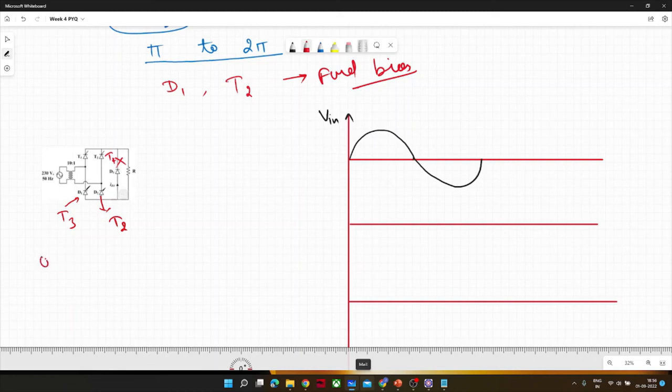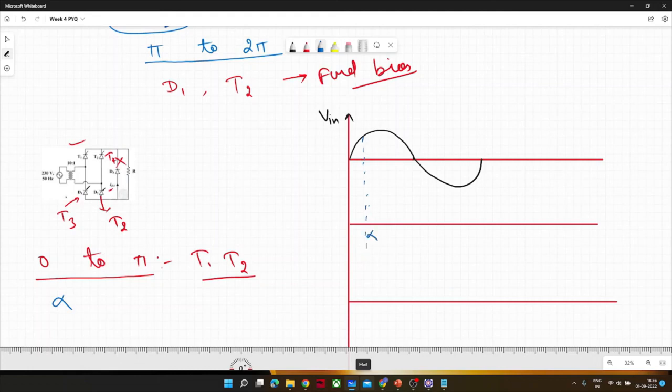So from 0 to pi, ideally T1 and T2 would be forward biased, but it would require some firing angle, and let's say the firing angle is alpha.